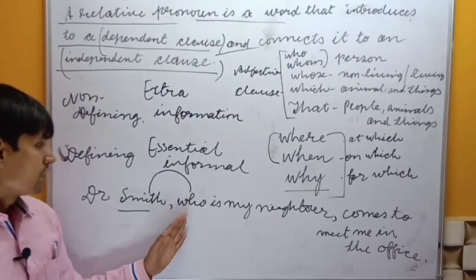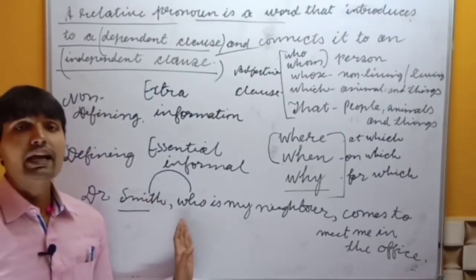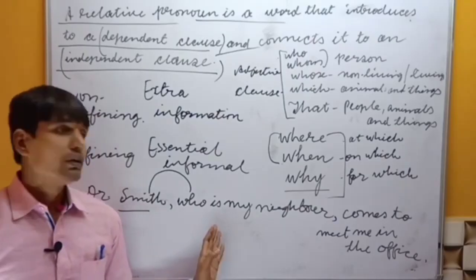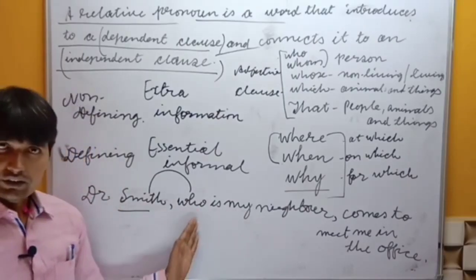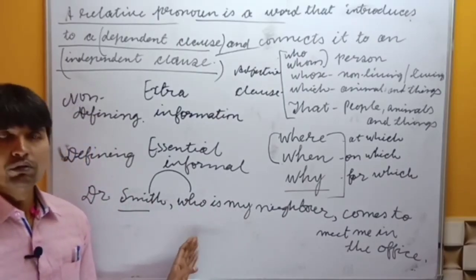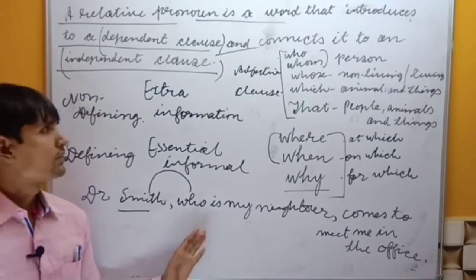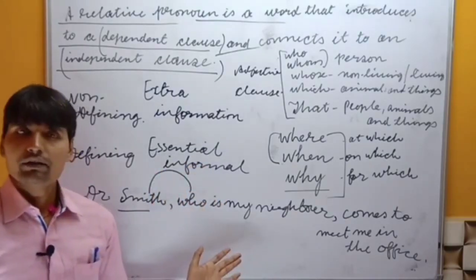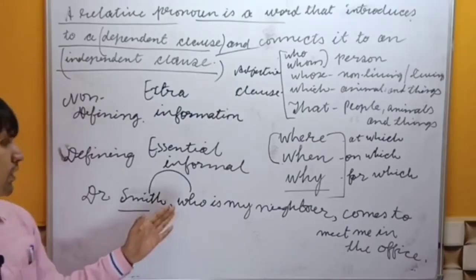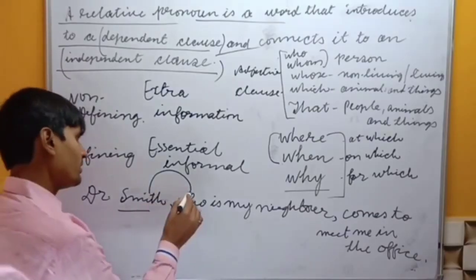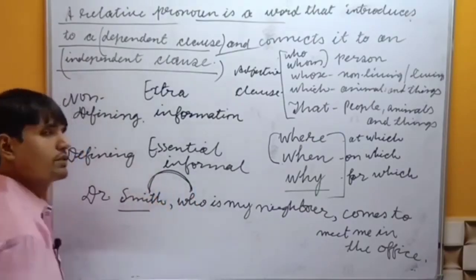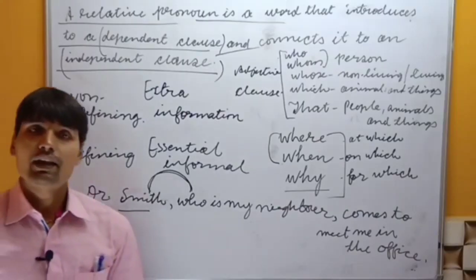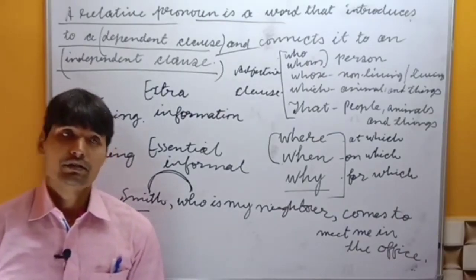So you can say that Smith is the antecedent of who. Whichever word would be here, it would be who, whom, that, which, whose, where, when, or why. These are always used after looking at the previous word, and this word is known as an antecedent.